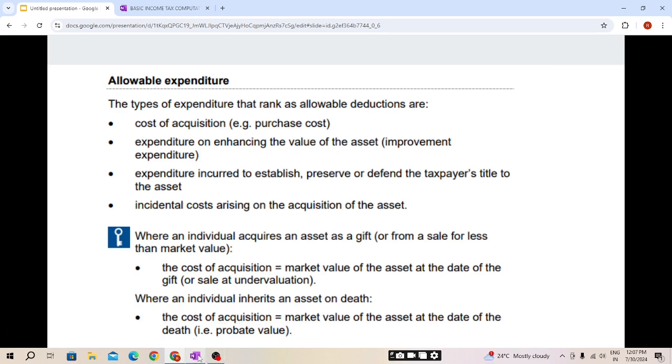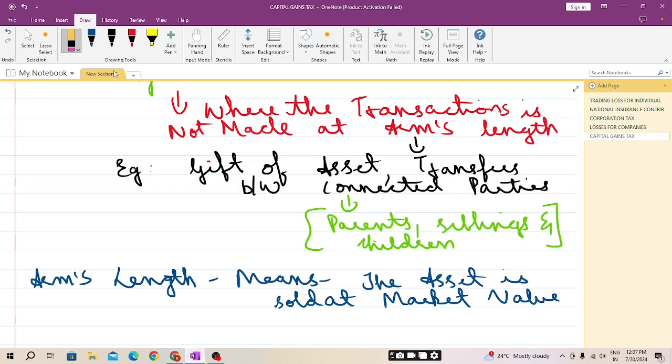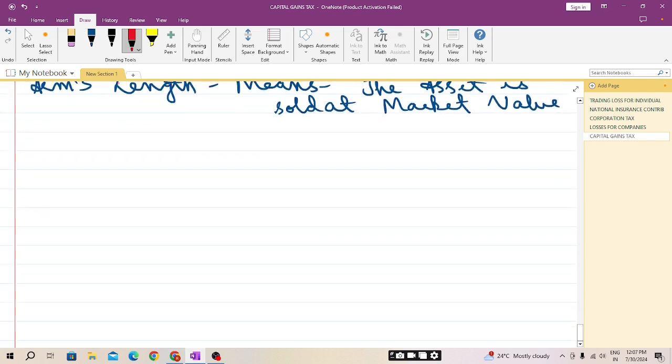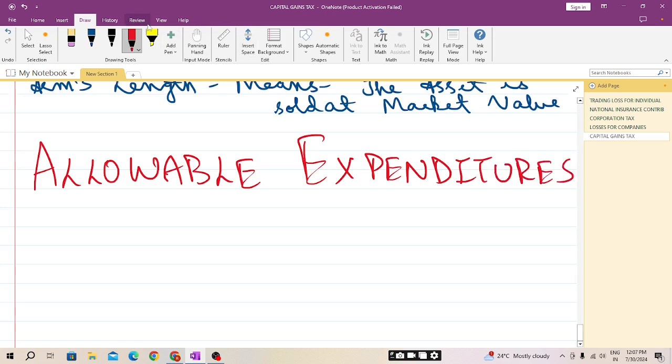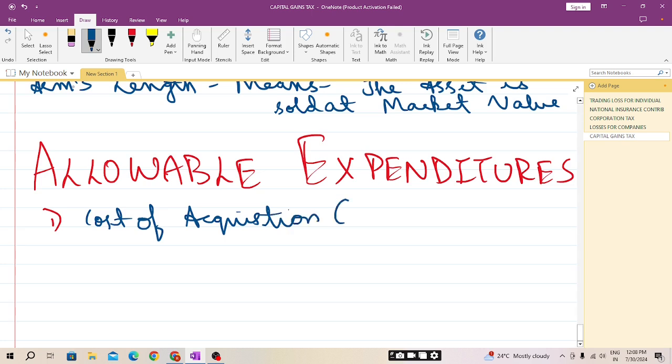Now students, coming to allowable expenditure. The allowable expenditure will include the cost of acquisition, that is the purchase cost.